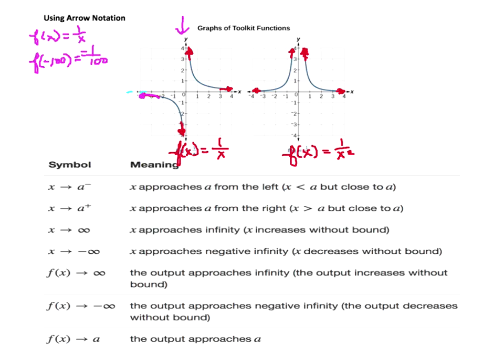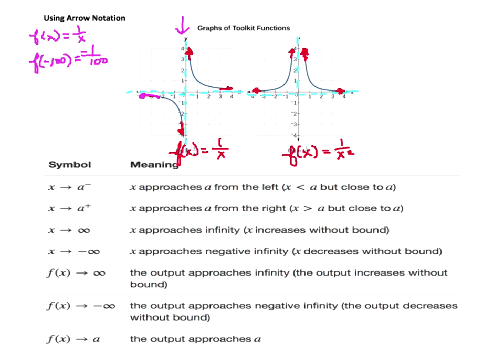So this is what we call an asymptote. An asymptote is a line, well, it's an imagined line, so to speak, a boundary that your graph approaches but never gets to.